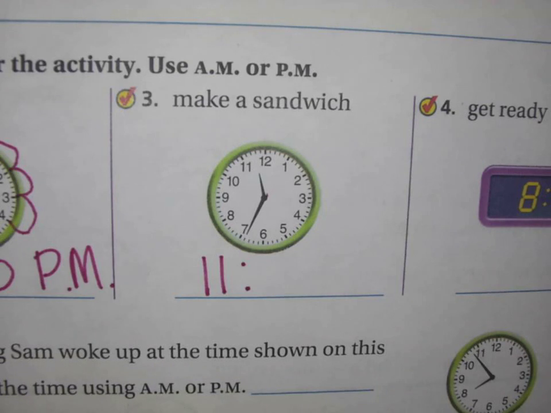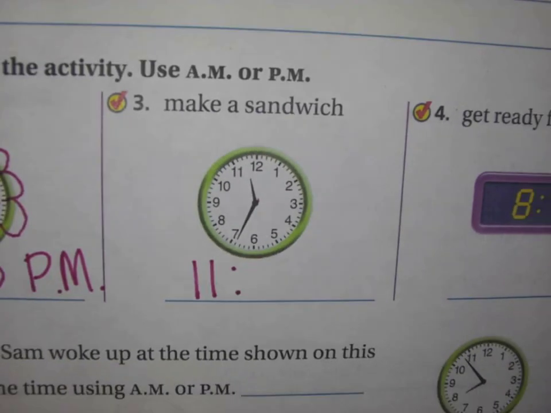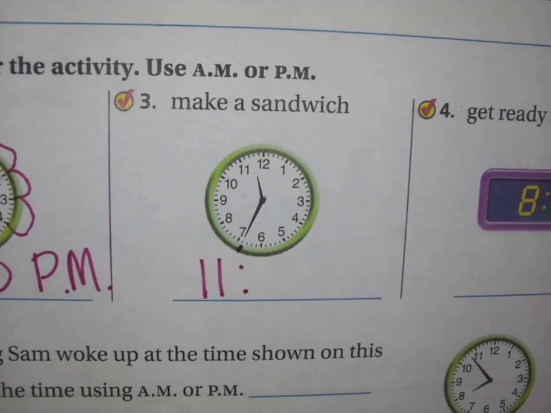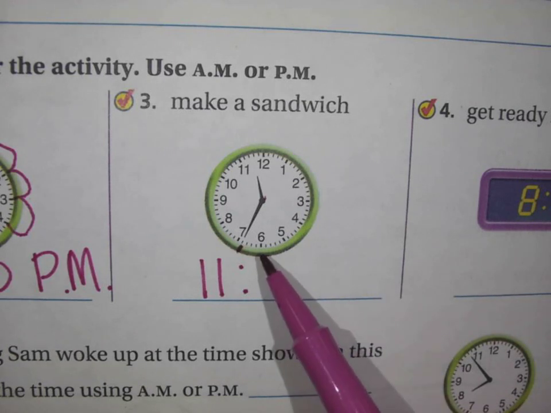Now let's count our minutes. On this one, you guys, look where the minute hand is, the longer hand. And that is right here on one of those smaller marks. So we're going to count by 5s and 1s. Let's stop at the 6 after we count by 5s, and then we're going to count up by 1s.